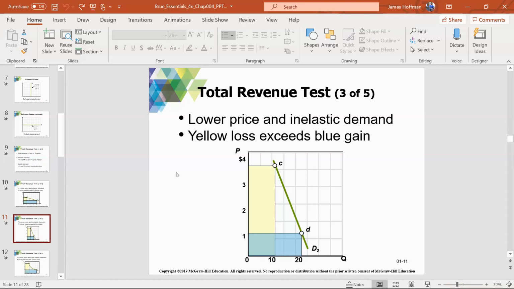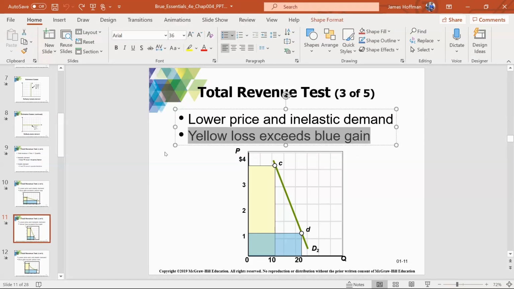See how this curve is steeper, more inelastic. We start at point C and do the same analysis. We lower the price from 4 to 1. Look at how responsive the customers are. The yellow loss exceeds the blue gain here when lowering the price in the inelastic region, because there are not many customers left anyway.